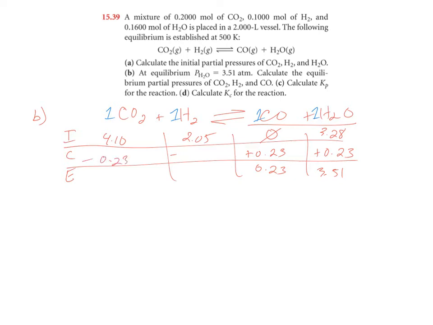And since they're all in a 1-to-1 ratio, they will all decrease by that amount, giving me 1.82 atmospheres here and 3.87 atmospheres there. So B says, calculate the equilibrium partial pressures. Here they are. We have done so.